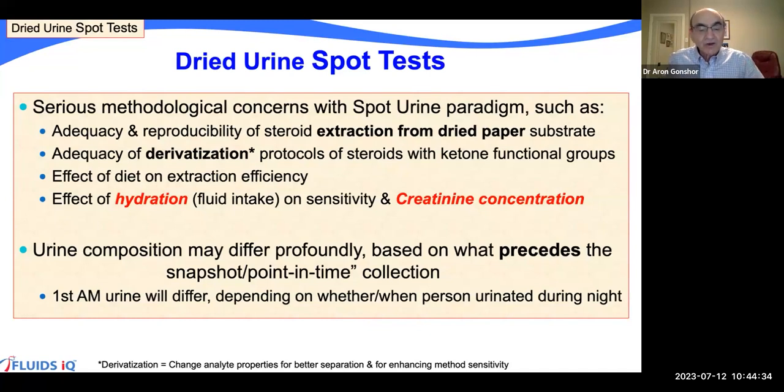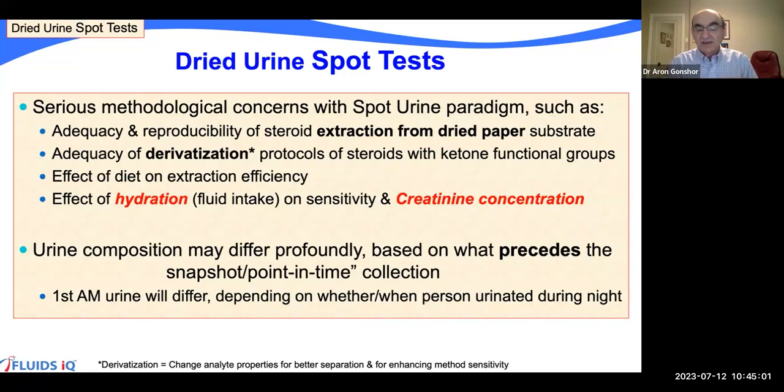I'm almost bald, so I don't do that. But it's a way in which an analyte's properties can be changed for better separation in a GCMS system. And it's extremely important in a protocol for steroids that have ketone functional groups. It's affected by diet in terms of the extraction efficiency. And I would tell you, most importantly, it's affected by hydration.